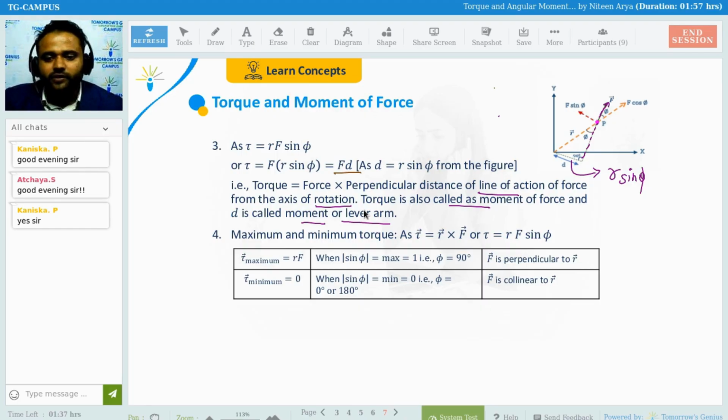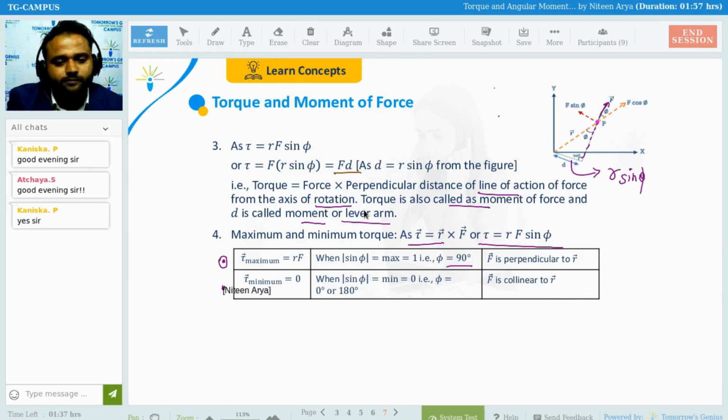Clear? So with the formula, torque tau equals r cross F, that is r F sine phi. So we get the maximum when sine phi is maximum, that is phi equals 90 degrees and F is perpendicular to r. If they are mutually perpendicular, we get the maximum torque, and if they are parallel, we get the minimum torque. As simple as that.